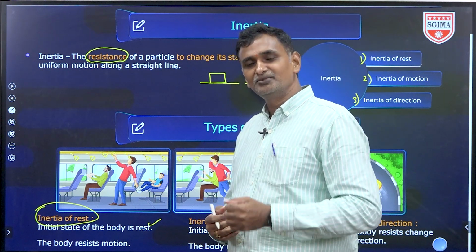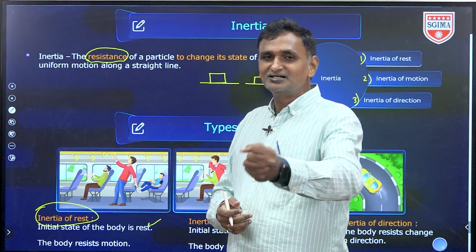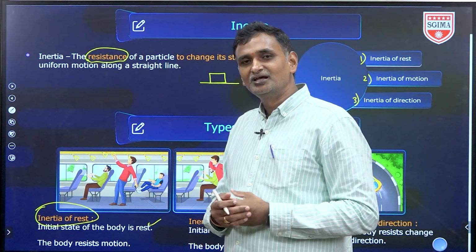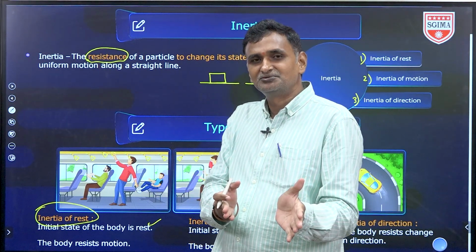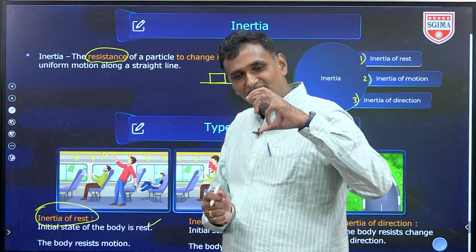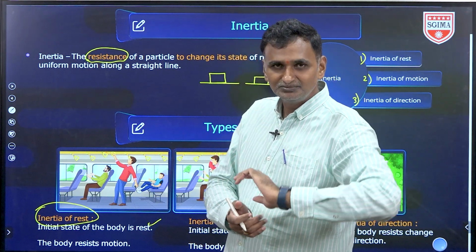At the same time, when the horse is running fast and the person is moving along with the horse, if the horse suddenly stops and he was not perfect at horse riding, there is a chance that the person will fall forward.